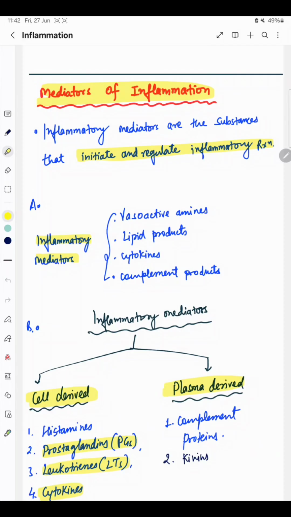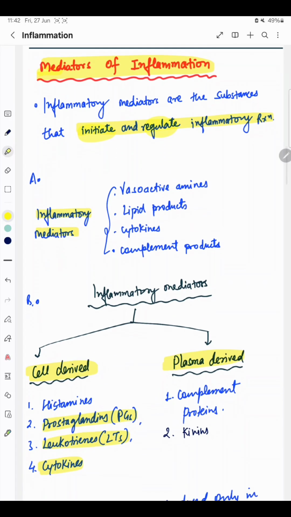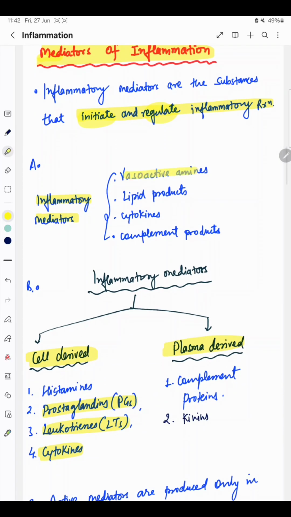Hello friends, now we will discuss the mediators of inflammation. Inflammatory mediators are the substances that initiate and regulate the inflammatory reactions. They can be vasoactive amines, lipid products, cytokines, chemokines, complement products.